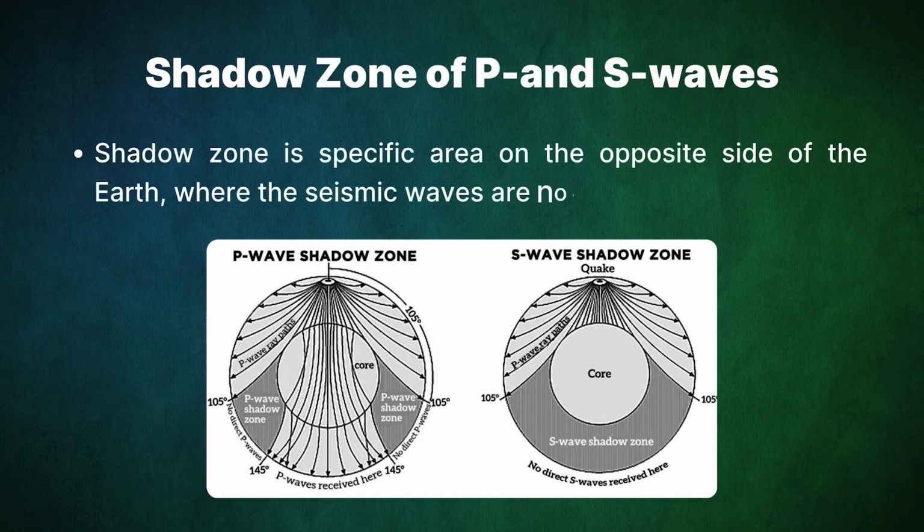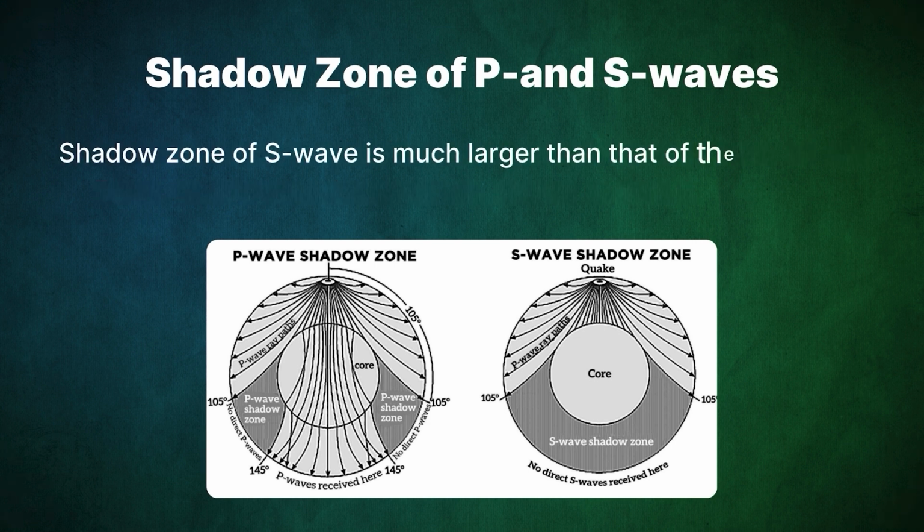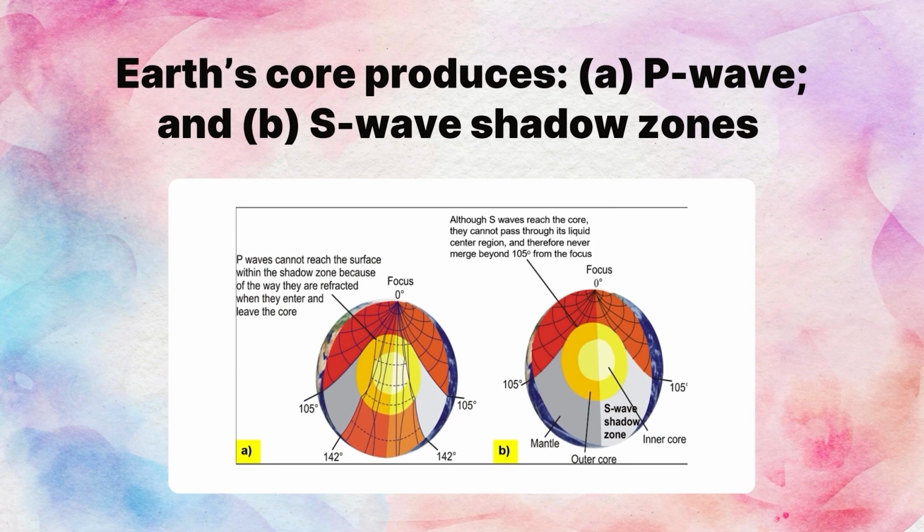Shadow zone is a specific area on the opposite side of the earth where the seismic waves are not received. The shadow zone of S waves is much larger than the shadow zone of the P waves. Here is the diagram by which I am trying to show the shadow zone. P waves cannot reach the surface within the shadow zone because of the way they are refracted when they enter and leave the core.